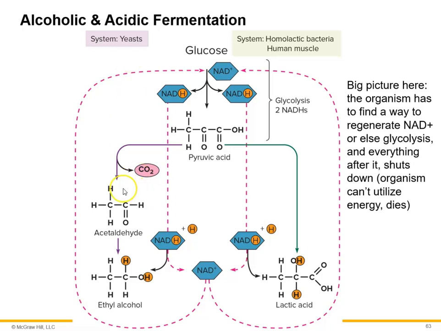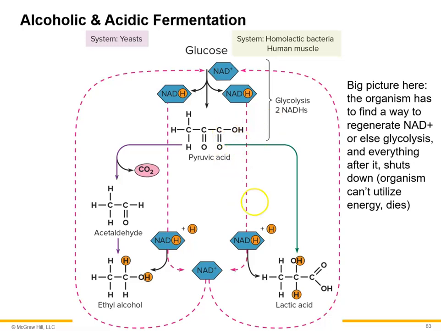On the left, we're going to have a reaction that we're going to talk about that happens in yeasts. On the right, we're going to have a reaction that happens in human muscle. Here we have a glucose molecule, and it gets converted into pyruvate. Now, what happens to the pyruvate depends on the organism.